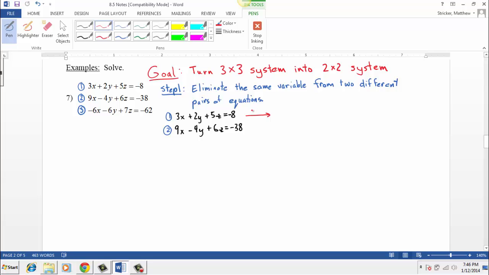I multiply it by 2, then the top equation becomes 6x plus 4y plus 10z equals negative 16. And the bottom equation I don't want to touch, because right now if I add it to this changed first equation, I'm going to see stuff start to cancel out.